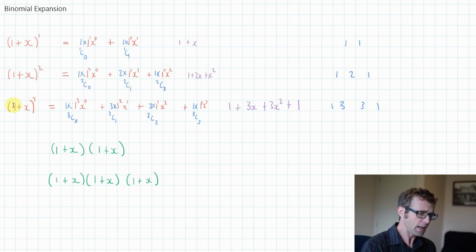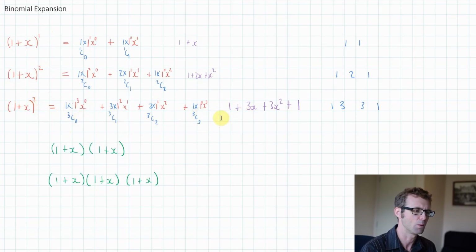Okay, and the same again with 1 plus x all cubed. So what we're doing is we're taking our cue from what we have on the outside of the bracket. So with the cubed, we're going to have 3 choose 0, 3 choose 1, 3 choose 2, 3 choose 3. So from 0 till you get up to the number on the outside of the bracket.